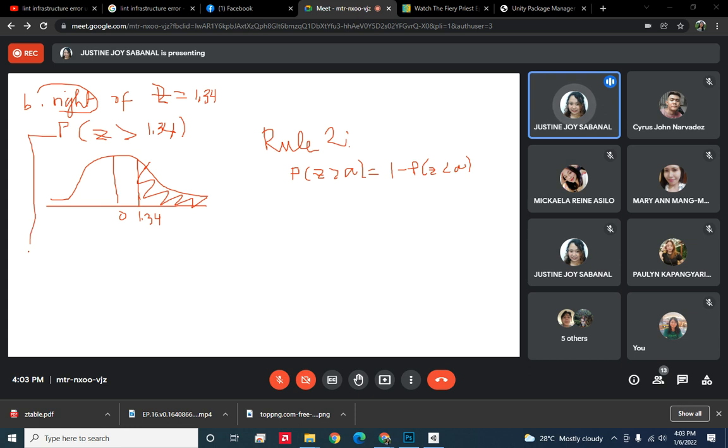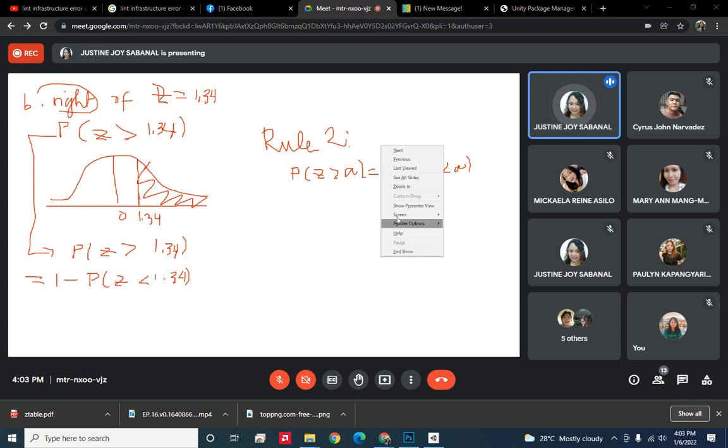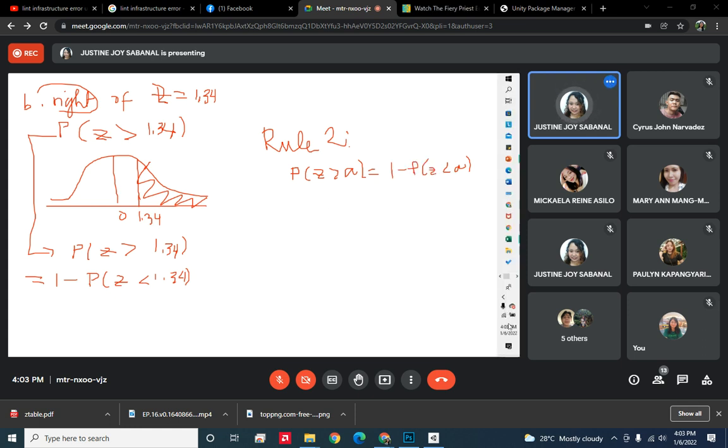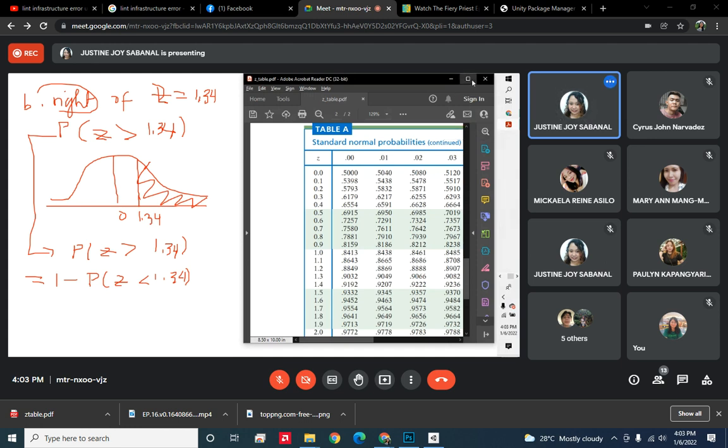So if this is our statement that we have probability of z greater than 1.34, we can write this as 1 minus probability of z less than 1.34. Hanapin muna natin yung value ng 1.34, then evaluate natin yung formula.